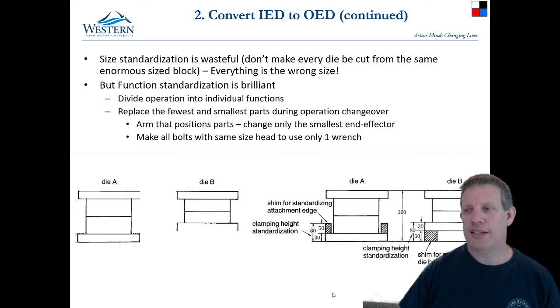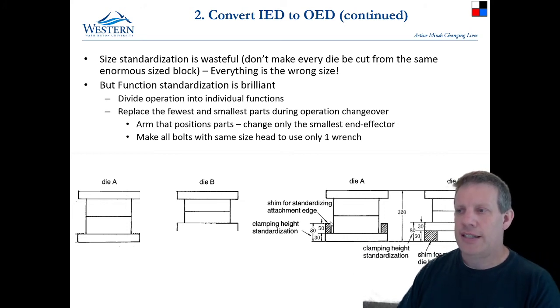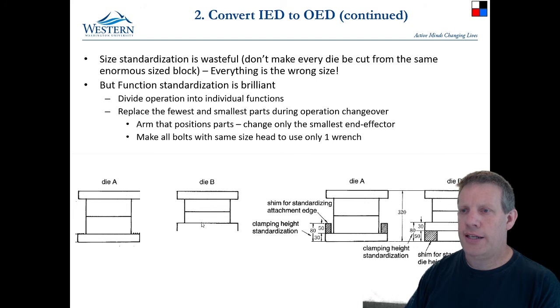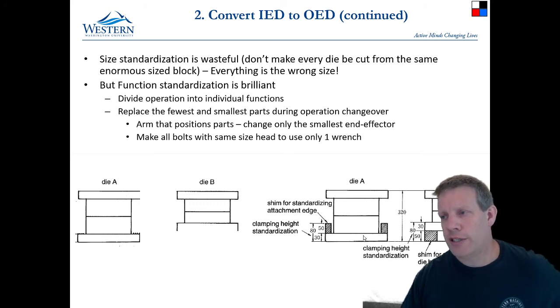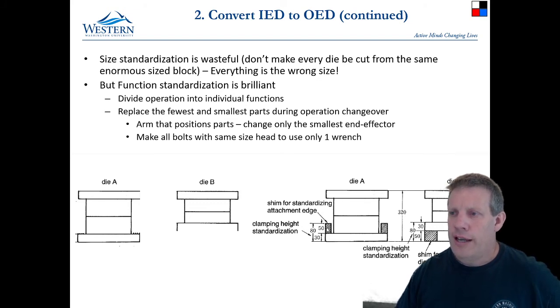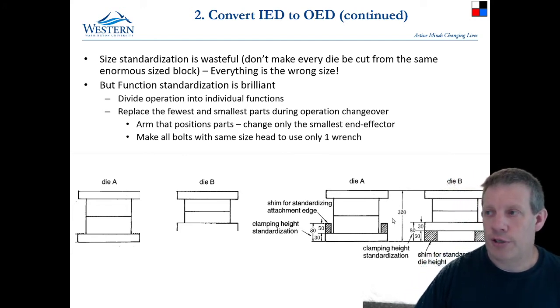In this example, he makes little blocks that are the height difference between die A and die B. When you're using die A, you put those blocks on top of this bottom flange, and then the dies are set at 320 millimeters, and your clamping occurs at 80 millimeters up. So you clamp them right there, and then the die is set to run at 320 millimeters.